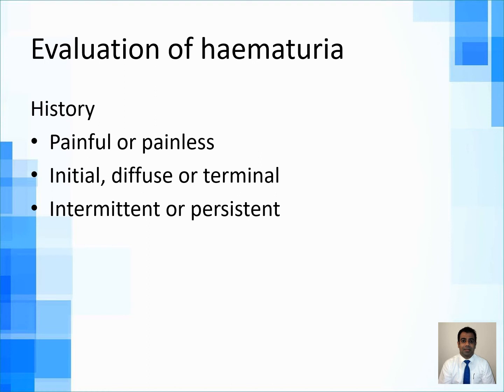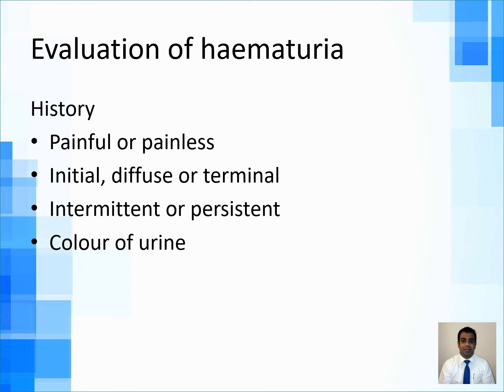Intermittent hematuria associated with respiratory infections would indicate an IgA nephropathy. Intermittent hematuria can also be seen with ureteric colics and calculi. So whether the hematuria is intermittent or persistent also needs to be defined.